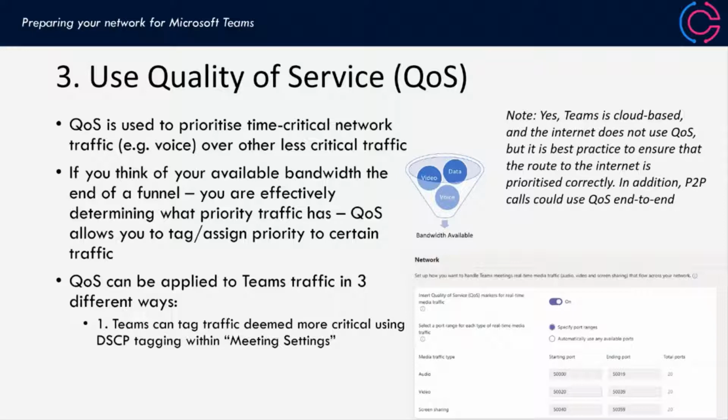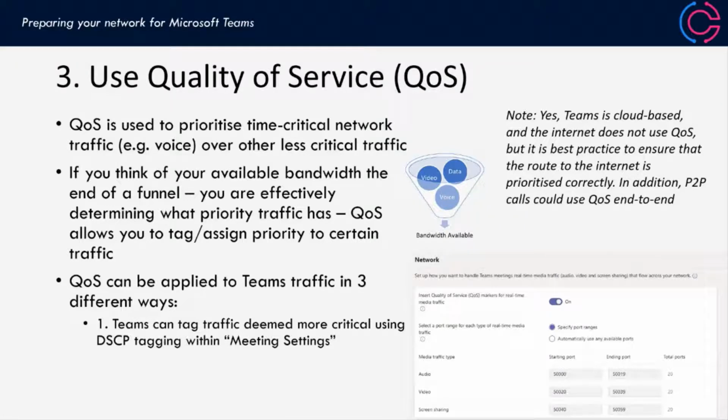And those ports, you'll see in a minute, are critical to know what those ports are set to when applying QoS. So in this scenario, we've basically said to the Teams client, whenever you make an audio call, tag your audio ports with priority for, the highest priority for voice, and then video and screen sharing, lesser priority but still a higher priority than standard traffic.